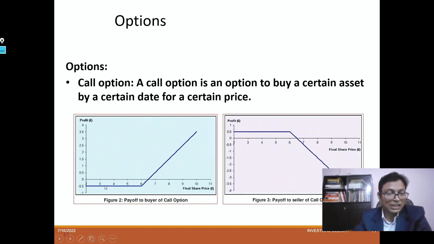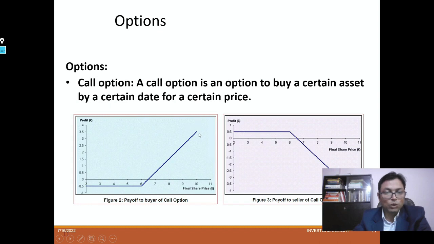So by giving a small premium, that means you get in loss, but after a certain point of time when the market price of the security increases beyond its strike price, there is a steady increase in income or profit, and that profit keeps increasing indefinitely. So this is the potential of a call option.